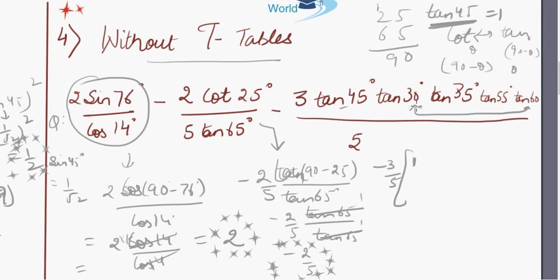So you can change one of the pair. Say tangent 30 degree can be written as, since it is a complementary pair with cotangent, cotangent of 90 minus 30 degree, that is, cotangent 60 degree, into tangent 35 will similarly be cotangent of 90 minus 35, that is 55 degree, into tangent 55 and tangent 60.